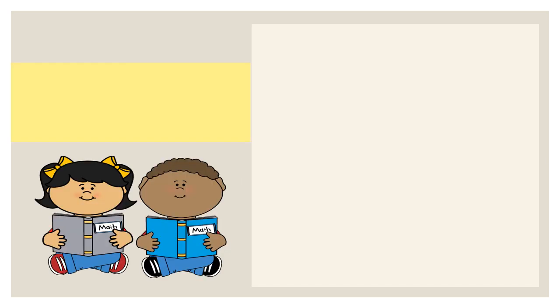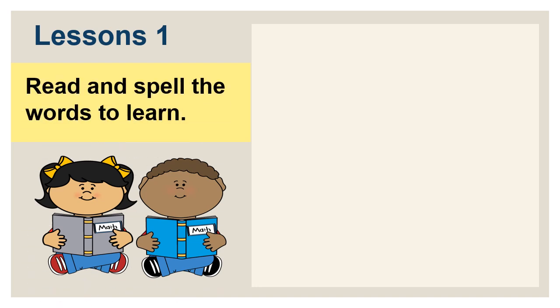We will begin our lesson. Lesson number one, the first part of this topic: read and spell the words to learn. In Unit 1 of our book, we have the Unit 1 words to learn.